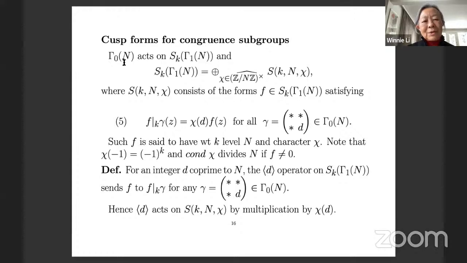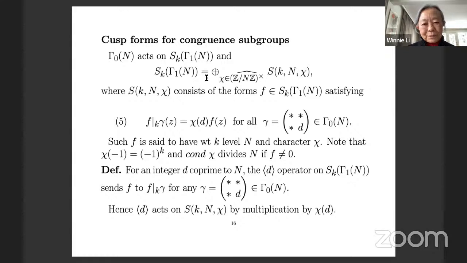And because the quotient is isomorphic to the multiplicative group of Z mod NZ, the representation space decomposes according to the irreducible representations of this group, which means it's a character.